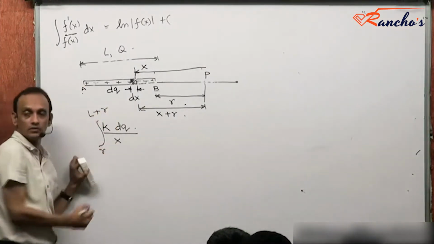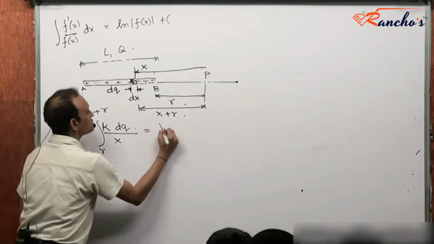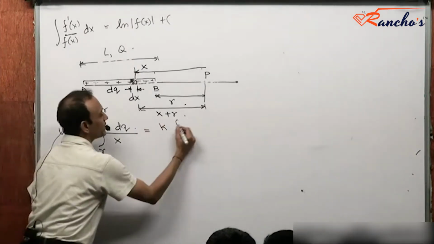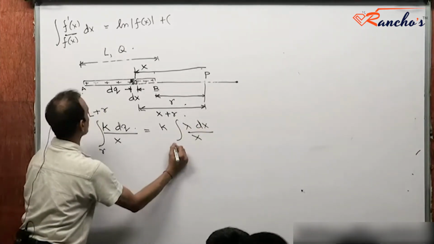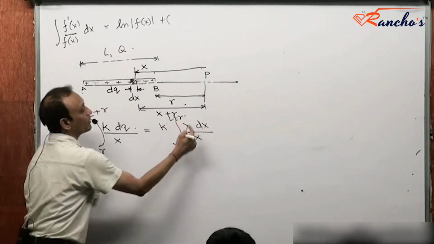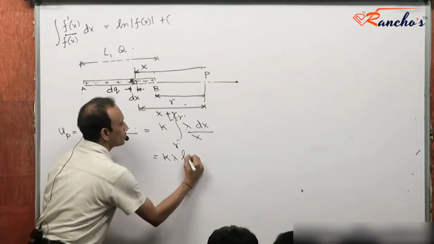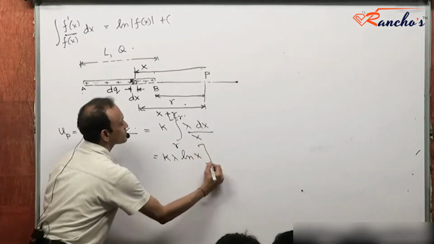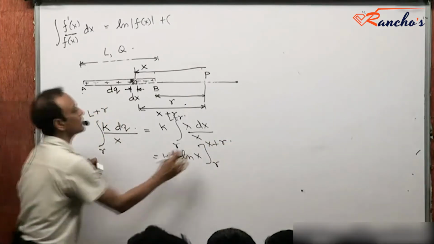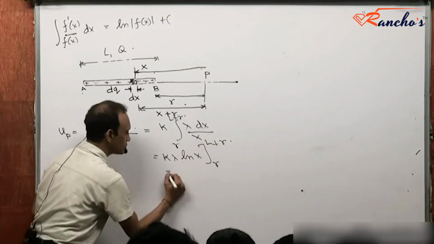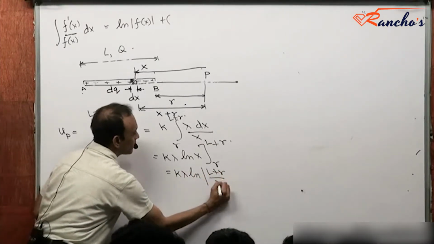Same thing will come: dq is lambda dx, charge per unit length into length, divided by x, where x runs from r to L plus r. Integrating 1 by x gives log x, so this is k lambda log x, x runs from r to L plus r. So it is k lambda log of L plus r by r.